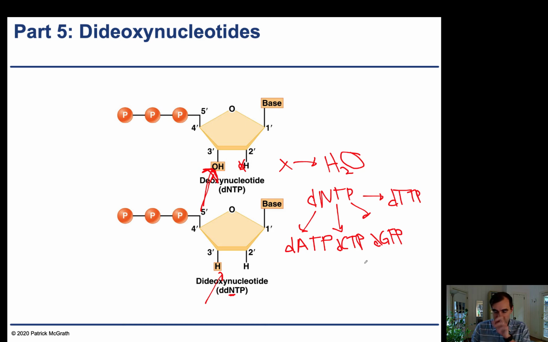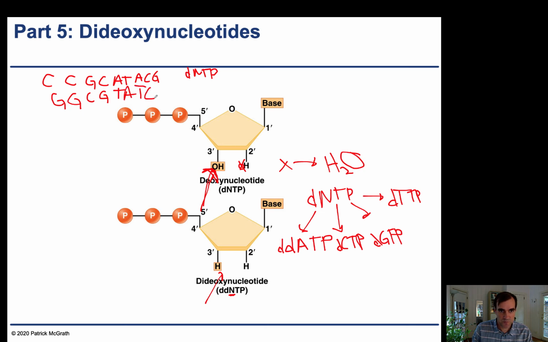So what happens if you replace this dATP with ddATP? Let's say we have a sequence. If we use our normal dNTP mixture, we can do G, G, C, G, T, A, and then continuing on through.